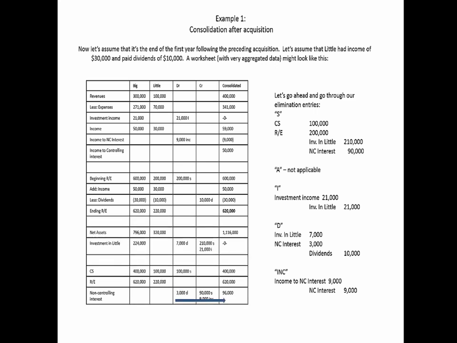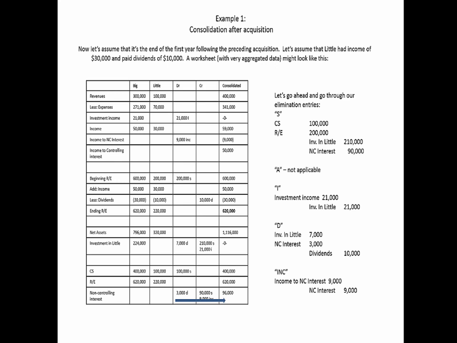Okay, finally we can add across the non-controlling interest row, and again, in the S entry we created the beginning of year balance of $90,000. We added to their equity claim their share of Little's reported earnings, and then we subtracted their share of the dividends that Little paid out. So 90,000 plus 9,000 less 3,000 leaves a non-controlling interest of $96,000.